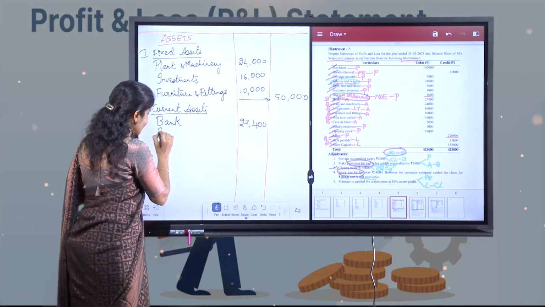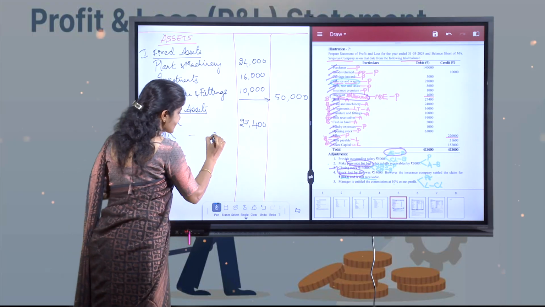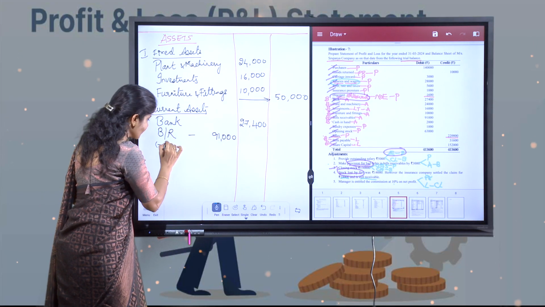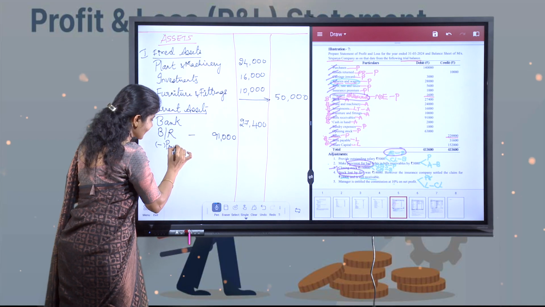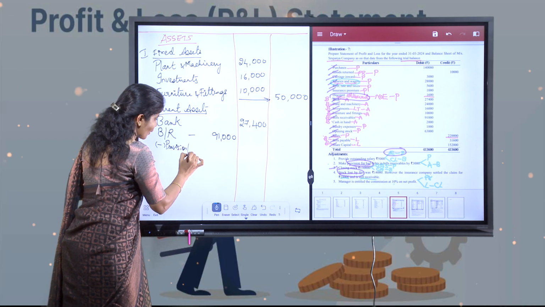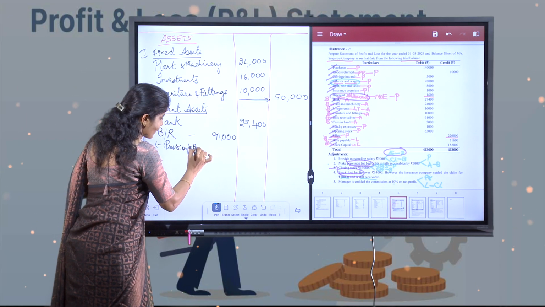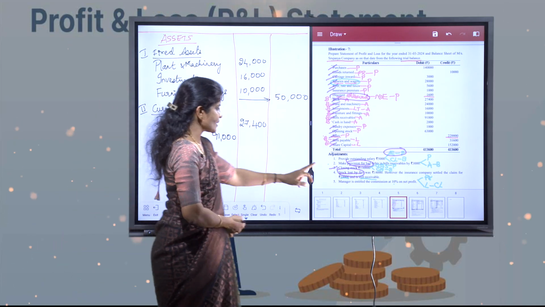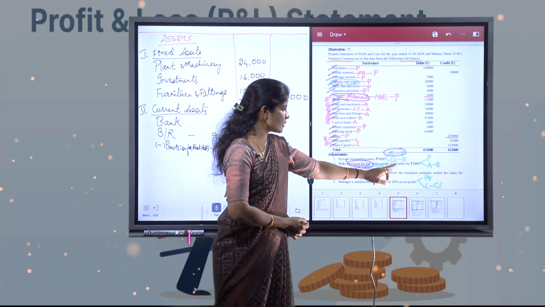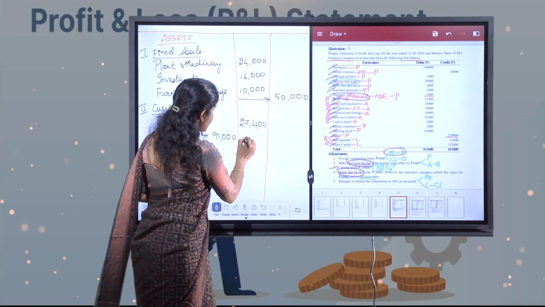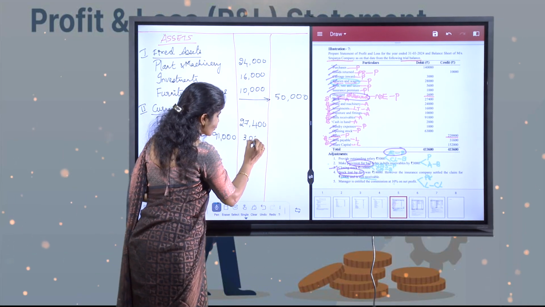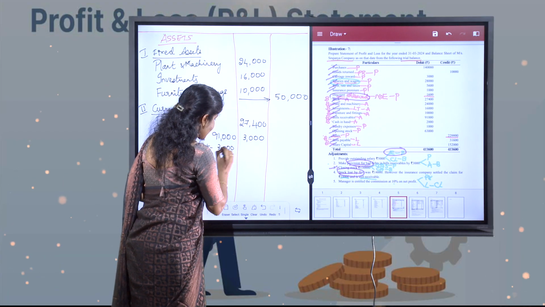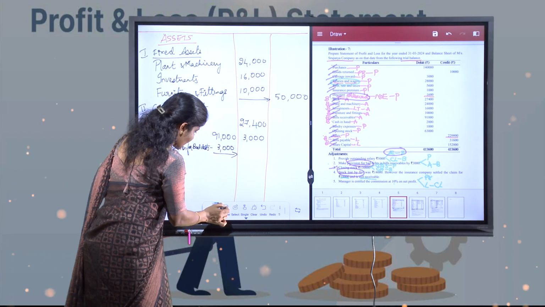From this bills receivable of 91,000, we need to deduct provision for bad debts. What is the provision for bad debts? It is given in the adjustment. Look at your provision for bad debts worth rupees 3,000. So this 3,000 we need to deduct from this 91,000.